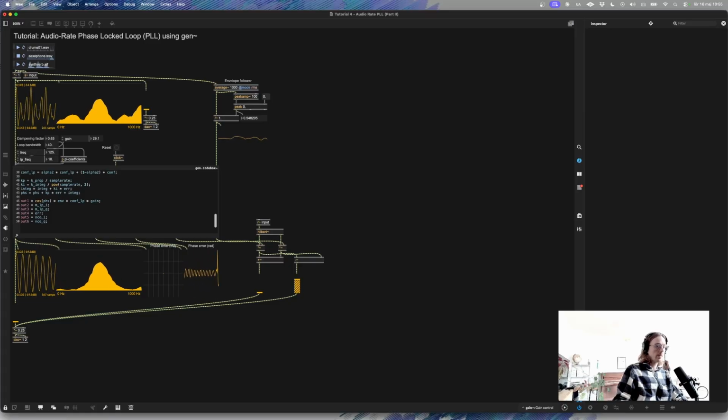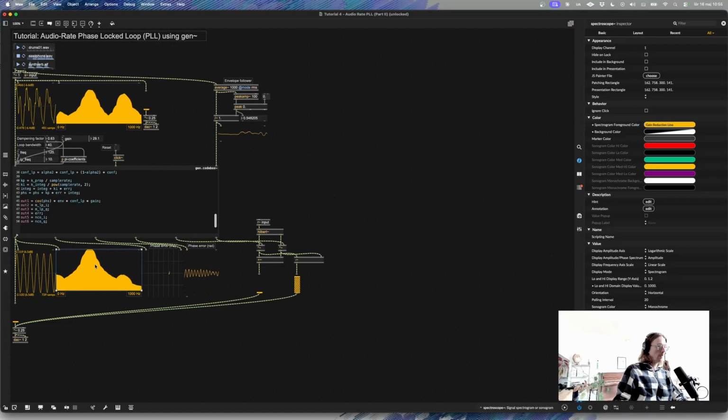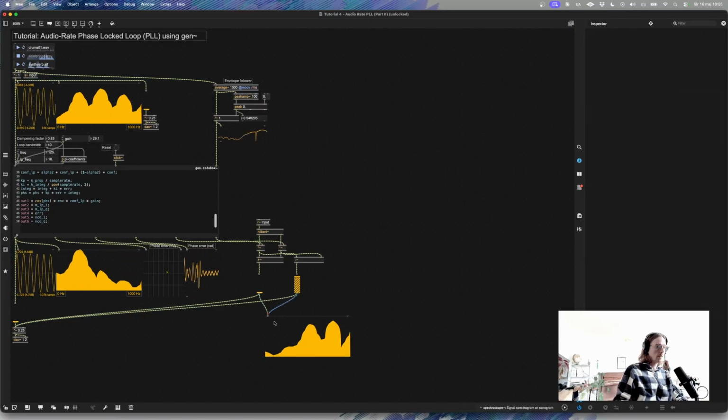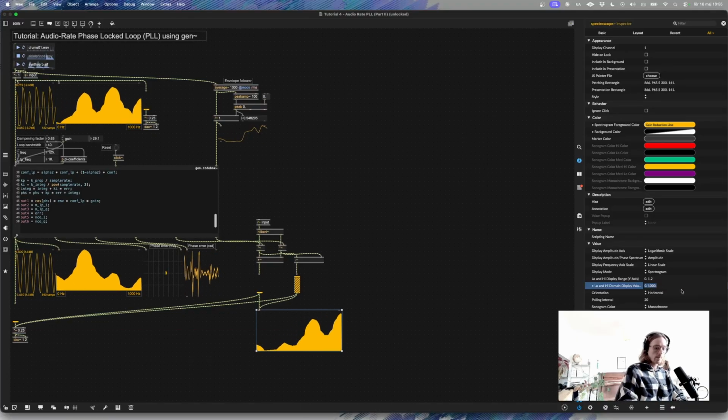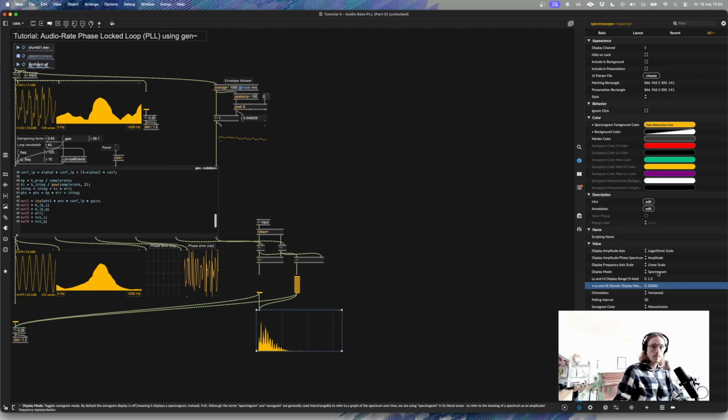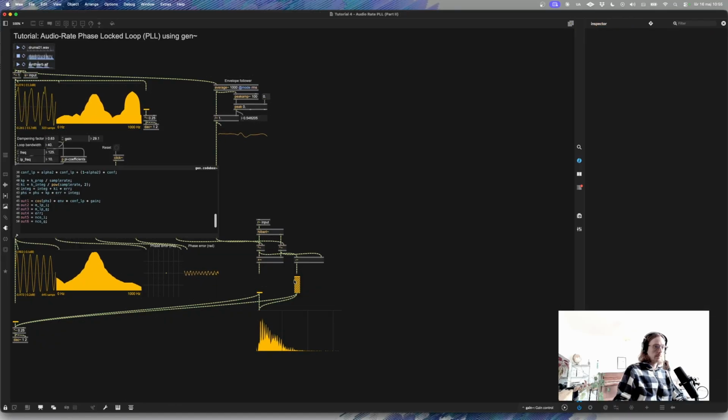And the positive sideband, we have shifted the frequency spectrum up. Maybe we can look at the spectrum from 0 to 20,000 hertz. So this is pitching down. This is pitching up.